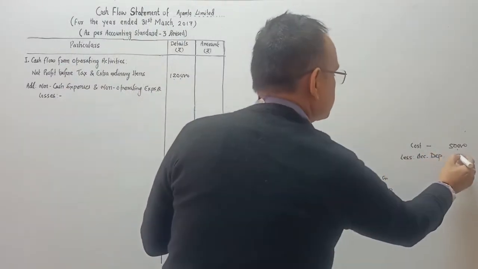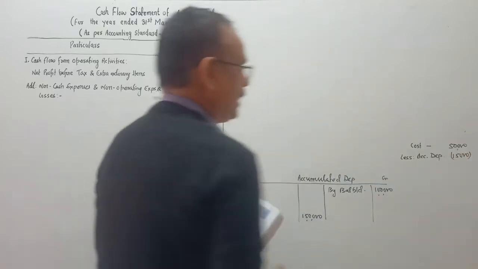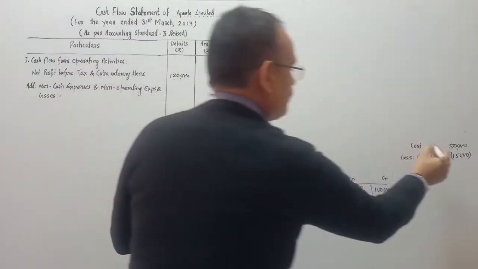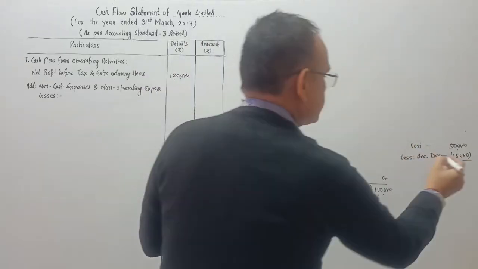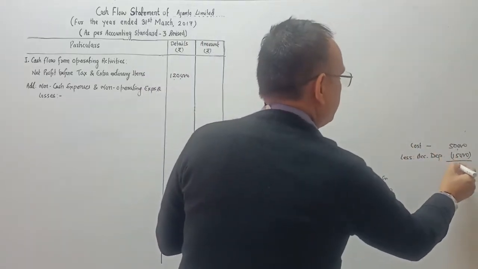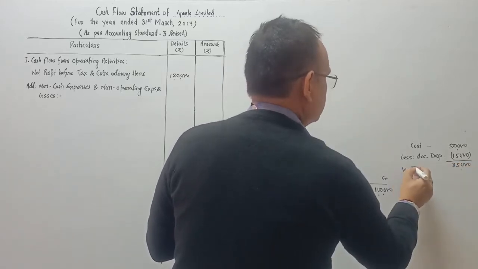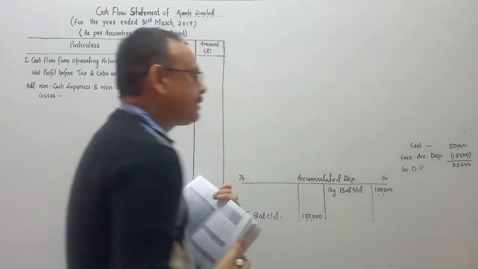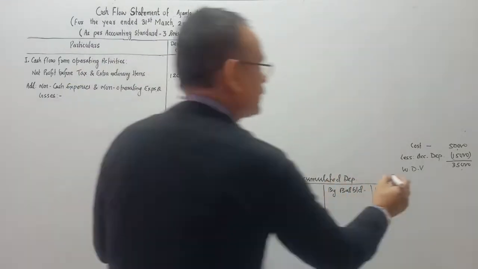You refer to the additional information number 1A. So after deducting the accumulated depreciation from the original cost, the remaining amount which is reflecting is called written down value. And this one is sold for rupees 32,000.